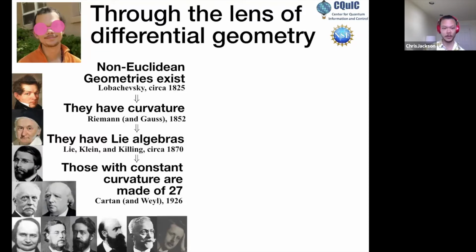You might be familiar with that, but what you might not be familiar with is that later this whole notion of a Lie algebra was invented. Well, that's not quite true. It turned out that the discovery of Lie algebras was a different way of thinking about the curvature of a manifold.